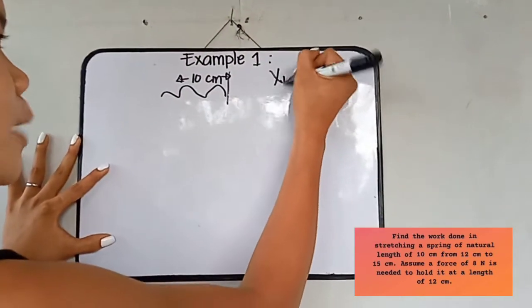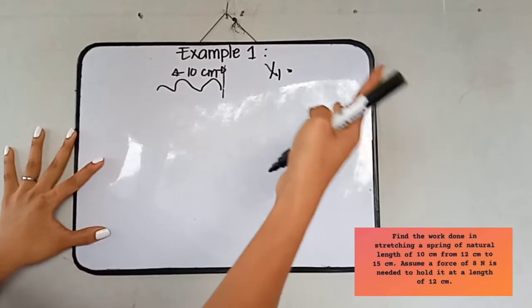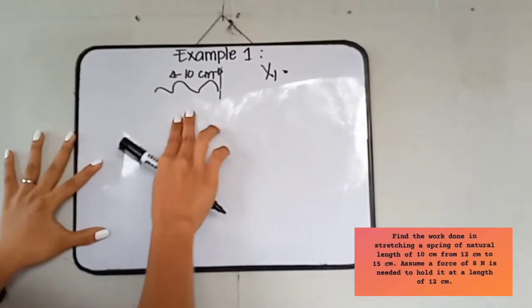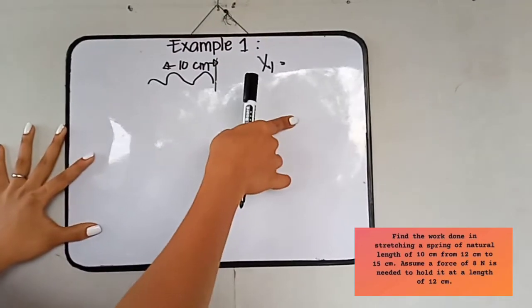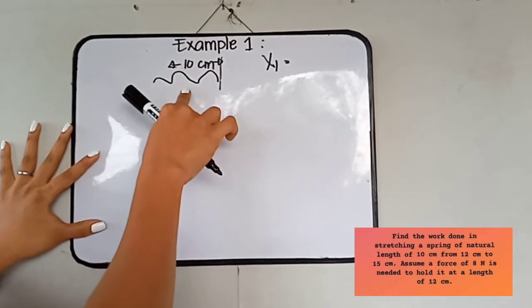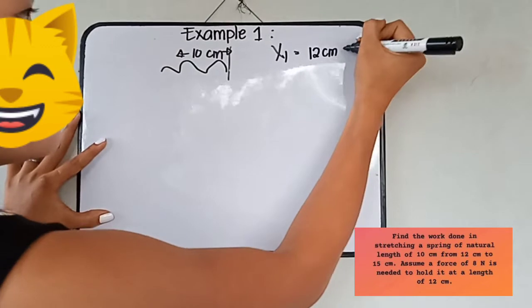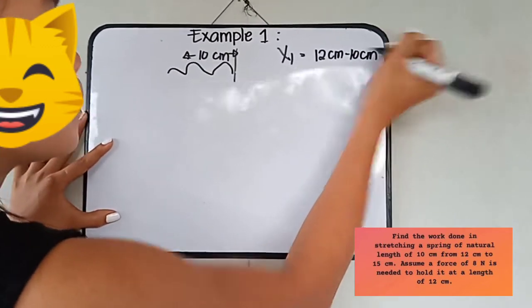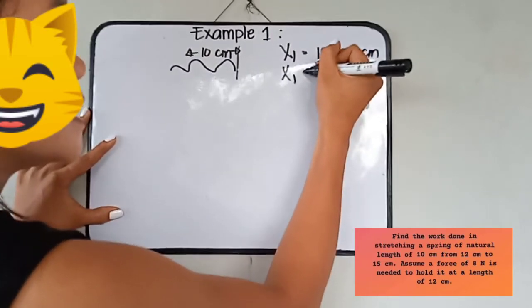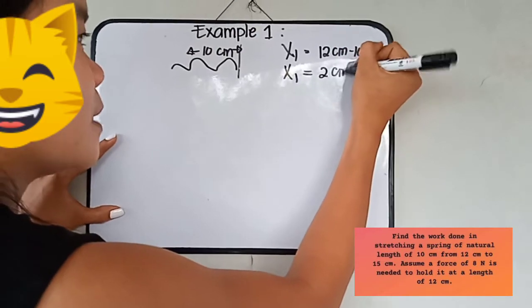Our x sub 1 is the initial elongation, from 12 cm, and since 10 cm is our reference point, 12 cm minus 10 cm, x sub 1 is equal to 2 cm.